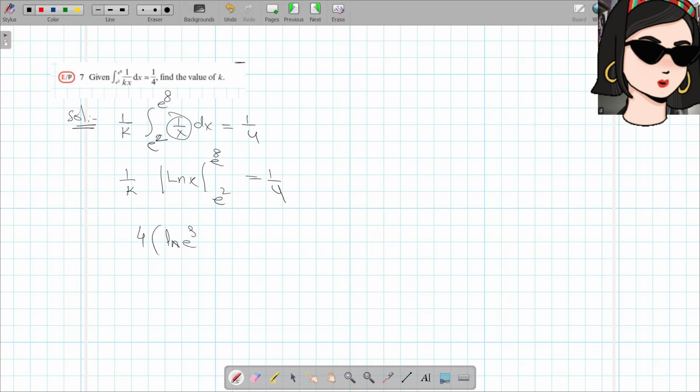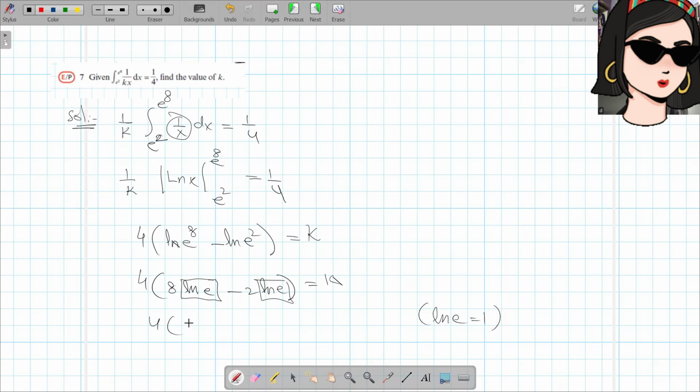Log of e8 minus log of e2 will be equal to k. 4 times this will be 8 log of e minus 2 log of e. Now log and e are inverse of each other, so they cancel each other. We know that log of e is 1.